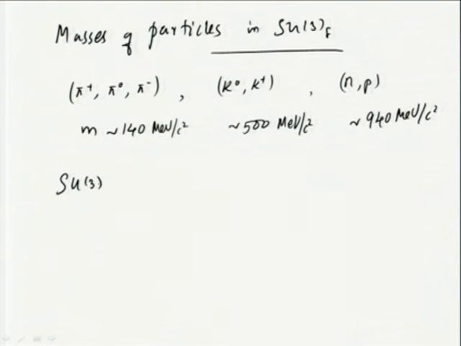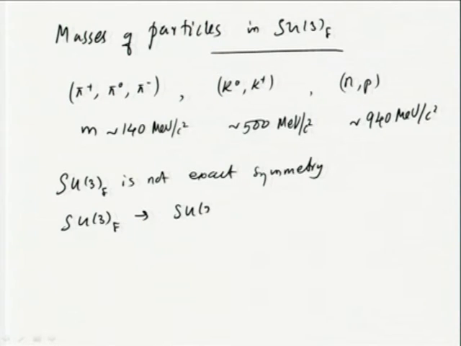This kind of difference in the masses can be accommodated by symmetry breaking. So, we will say SU3 symmetry is not an exact symmetry, but it is broken down to SU2 isospin and U1Y.